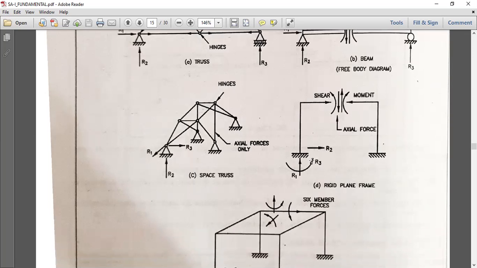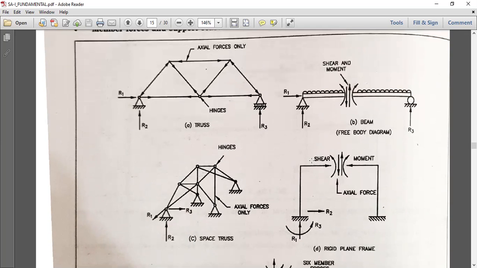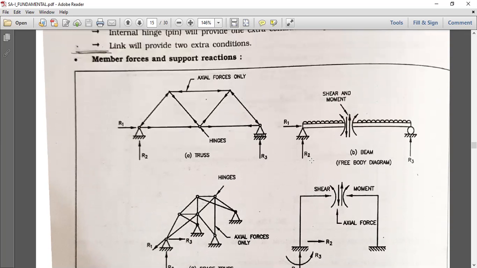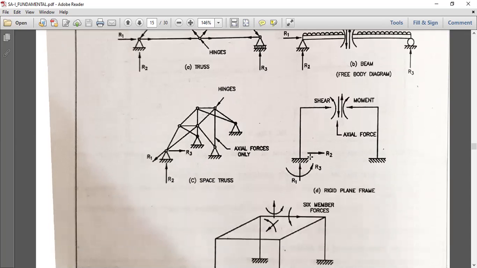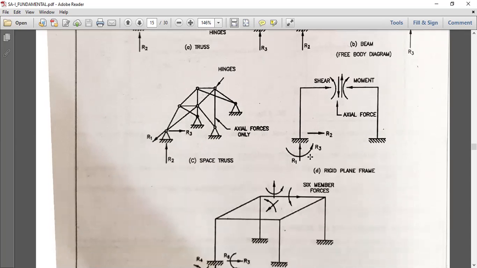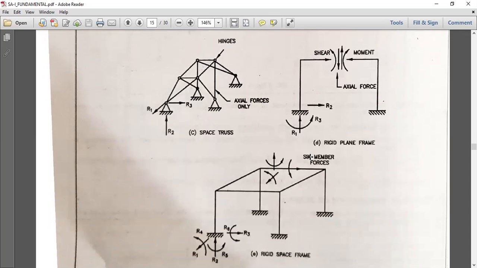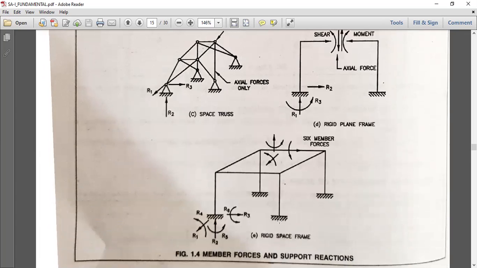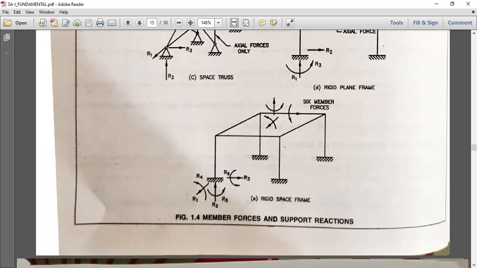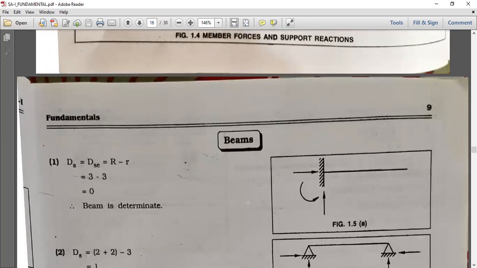For fixed, this is not for a support reaction. This is an example of the body's frame structure, also frame structure and the conditions of equilibrium.